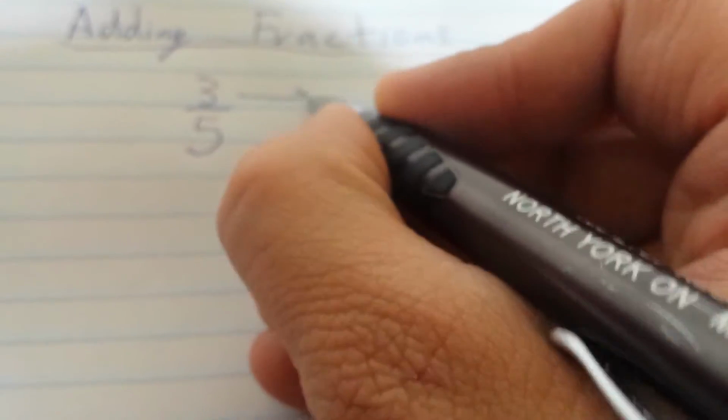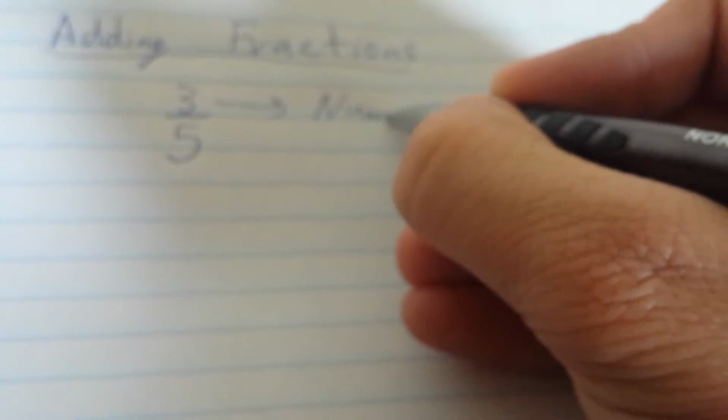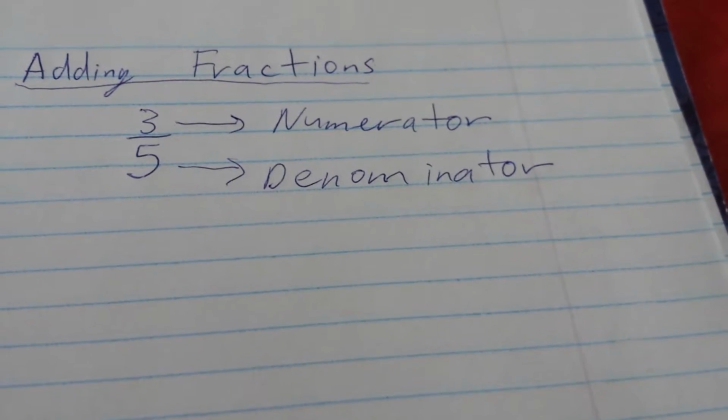So the top part is called the numerator, and the bottom part is called the denominator. Okay, so here the 3 would be the numerator and the 5 would be the denominator.